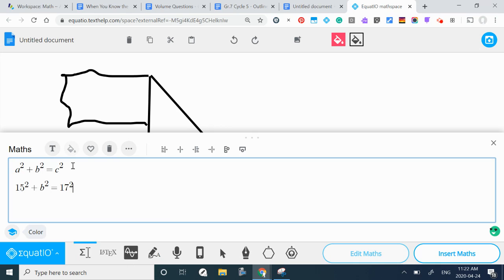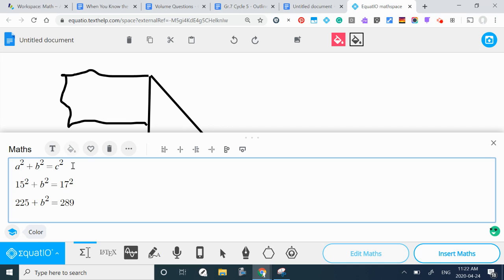Now that I have all my numbers in, I can start doing the math. I know that 15 times 15 is 225. I still don't know what B squared is. And 17 times 17 is 289.